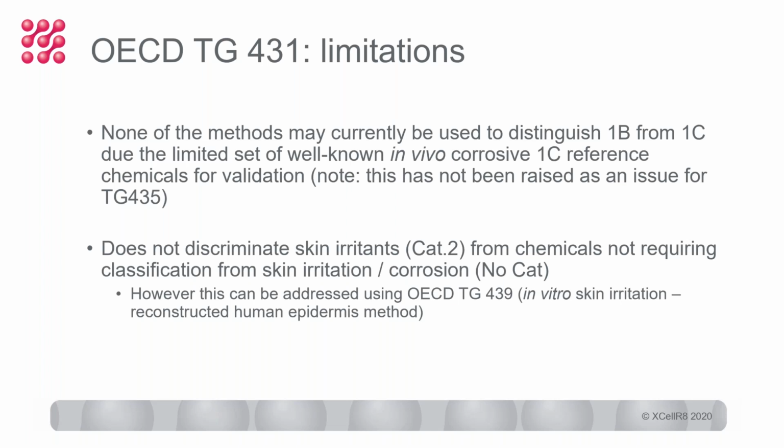But that wasn't raised for the other guidelines, so I think that there's still some debate to be had there. And in common with the other methods, this method doesn't discriminate skin irritants from chemicals not requiring classification. So it won't tell you whether it's Cat 2 versus no category. But for that purpose, an additional guideline is available, which is Test Guideline 439.